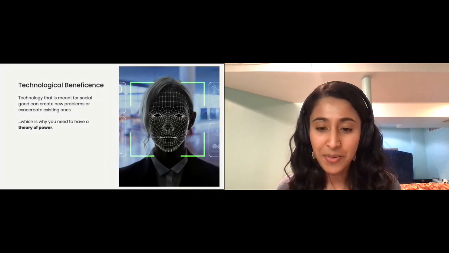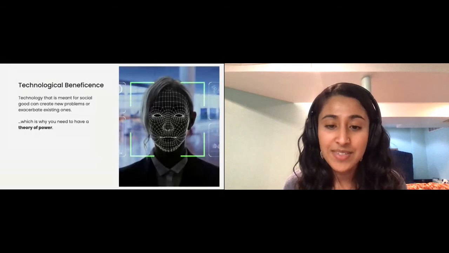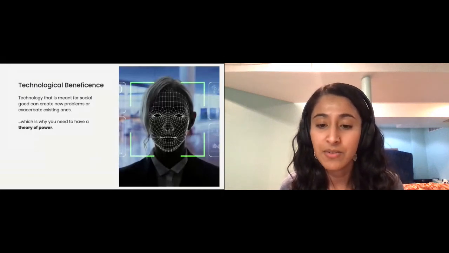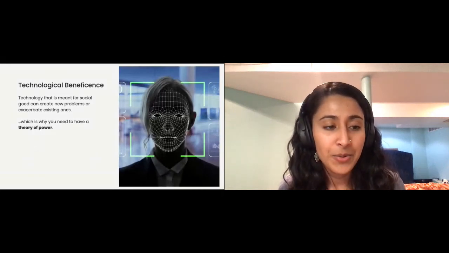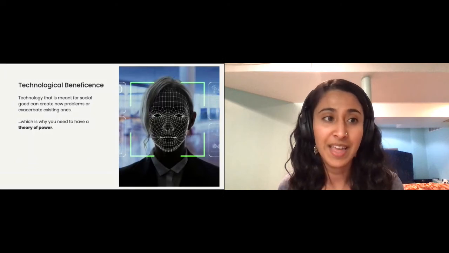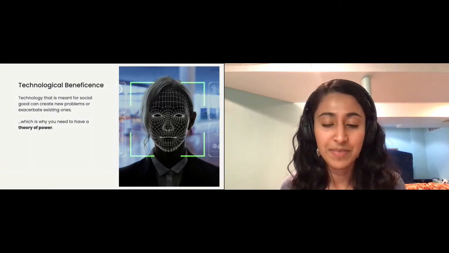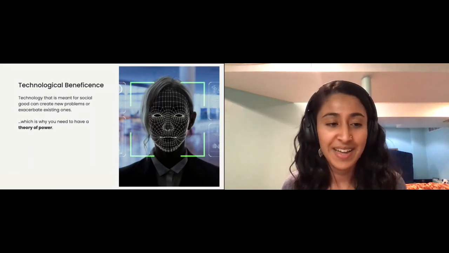But it's also important if you're working in this area to understand how these technologies are actually used in the real world. And so with facial recognition, one of the big emerging and expanding uses is for police departments, for immigration services, DHS, et cetera.